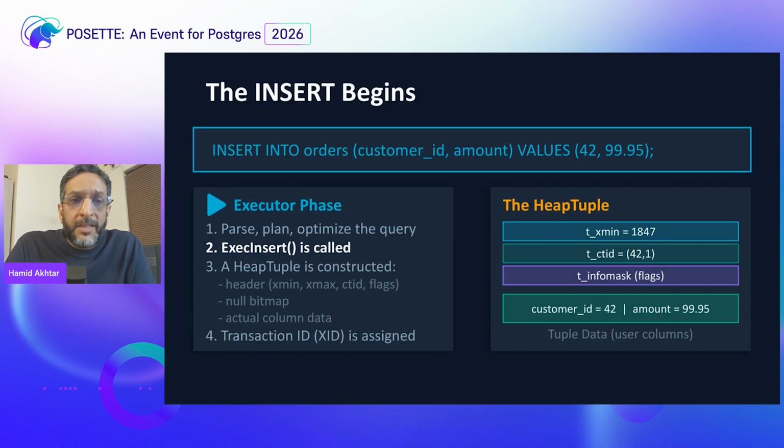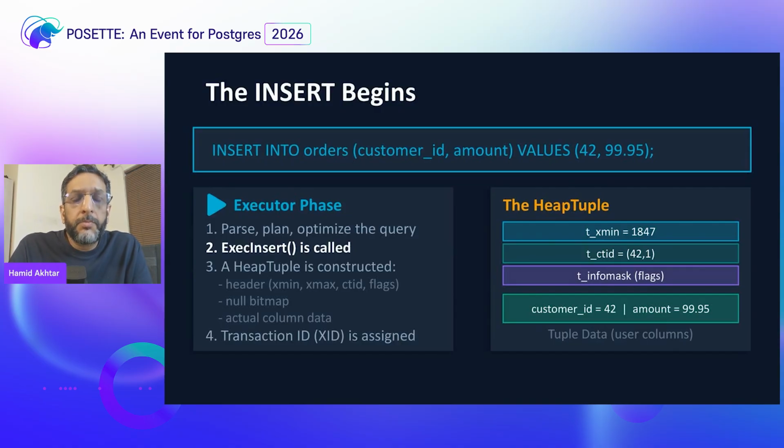The executor in this particular case is now going to insert that tuple data. But before it can do that, it needs to construct a structure which is essentially a representation of a row of that particular table, in our case, the orders table.